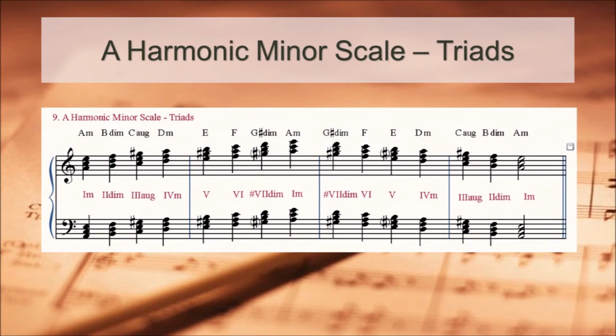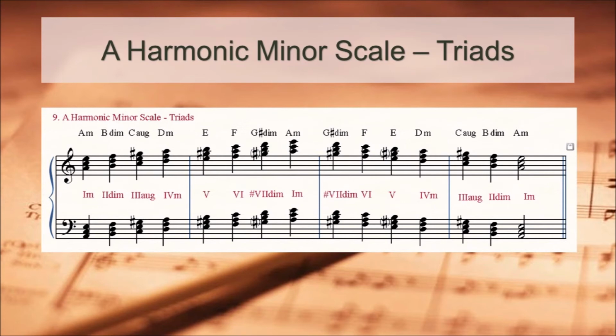We start with an A minor, and we still have a B diminished, but the C, the third chord, becomes an augmented chord because of the G sharp that we borrow. Now, sometimes if I were playing this melodically, I would only put the G sharp on the E and not for the rest of the scale.